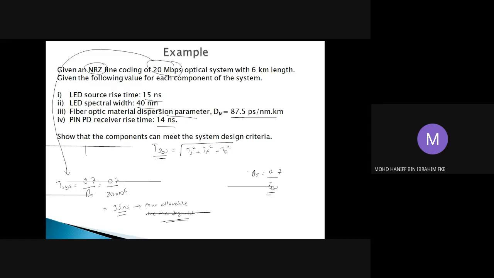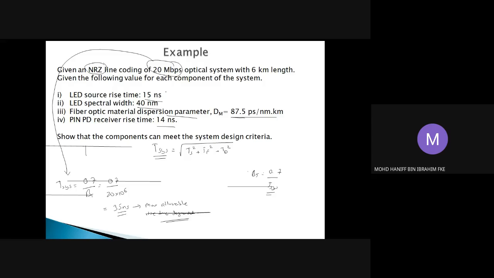You need to ensure that the T6 you calculate is smaller than 35 nanoseconds, because if the calculated rise time is bigger than this, you're going to get a bit rate smaller than 20 megabit per second.